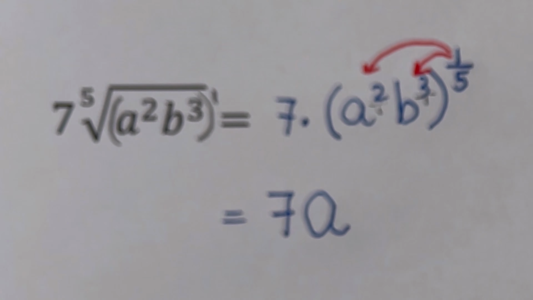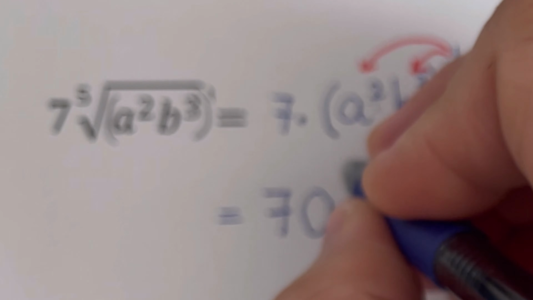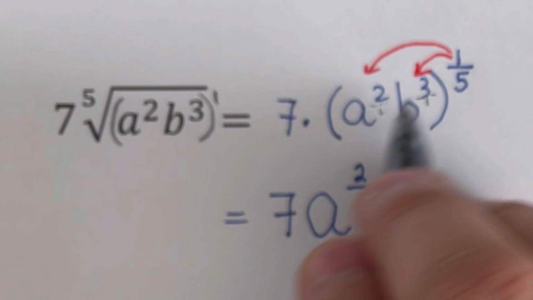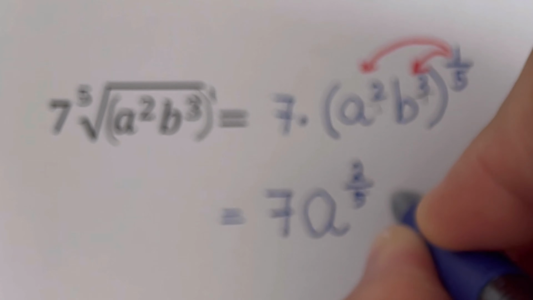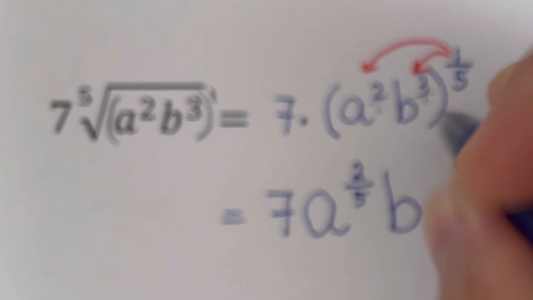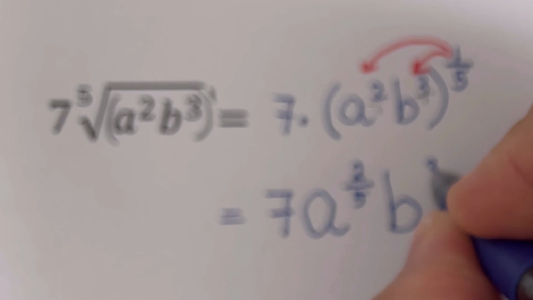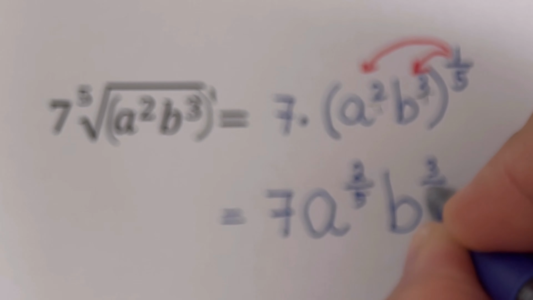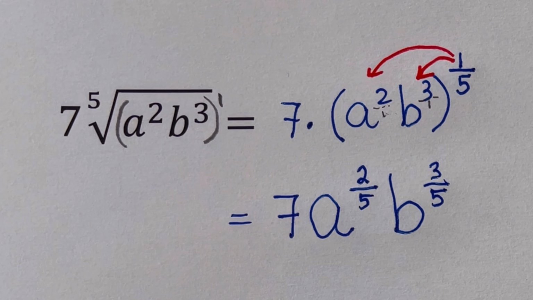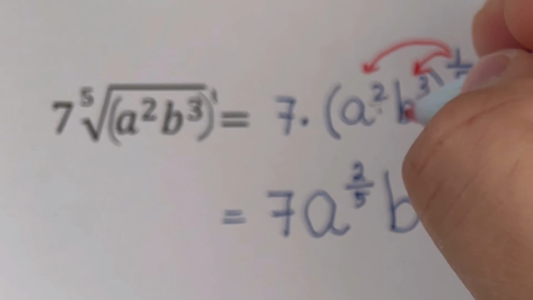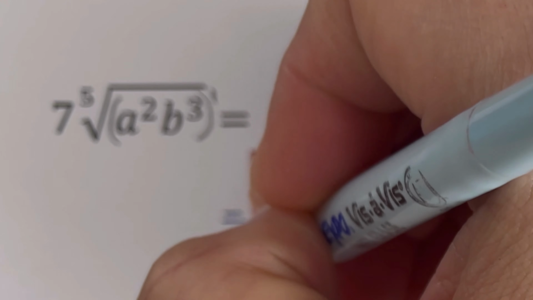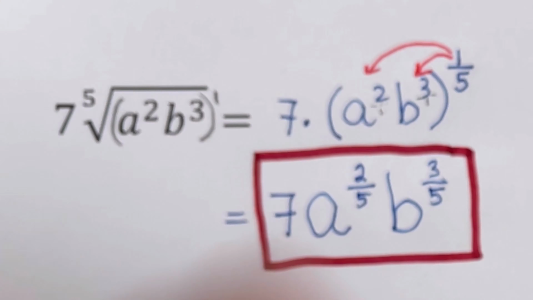So this comes out, 2 times 1 is 2, and then 1 times 5 is 5, and then the b, it would be raised to the power 3 times 1 is 3 over 1 times 5 is 5. And this is the rational exponent form for this expression that we have up there.